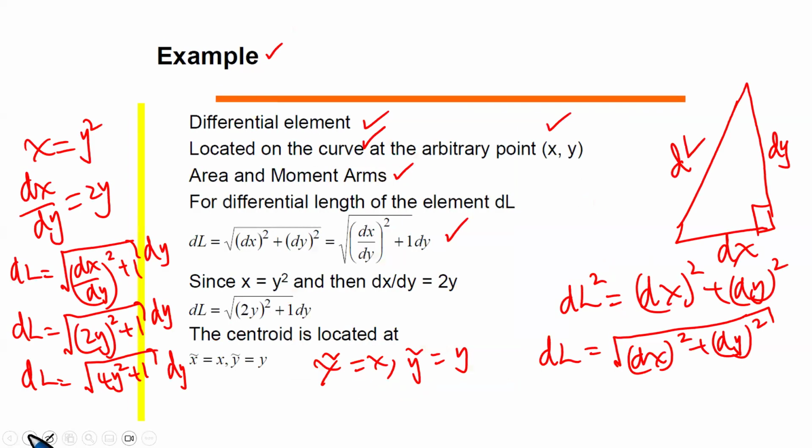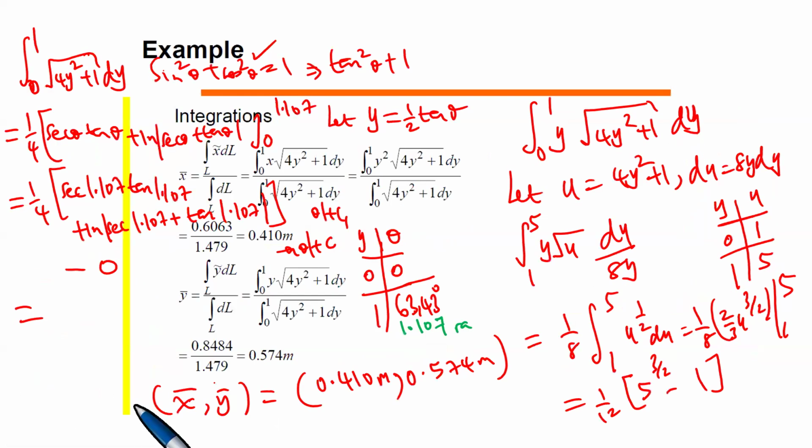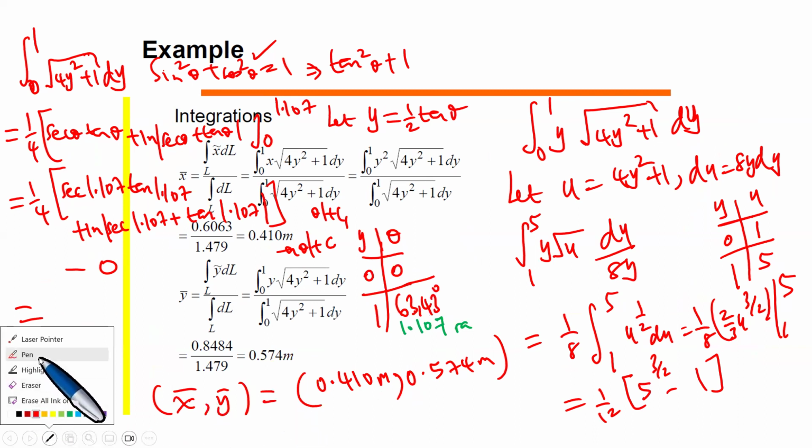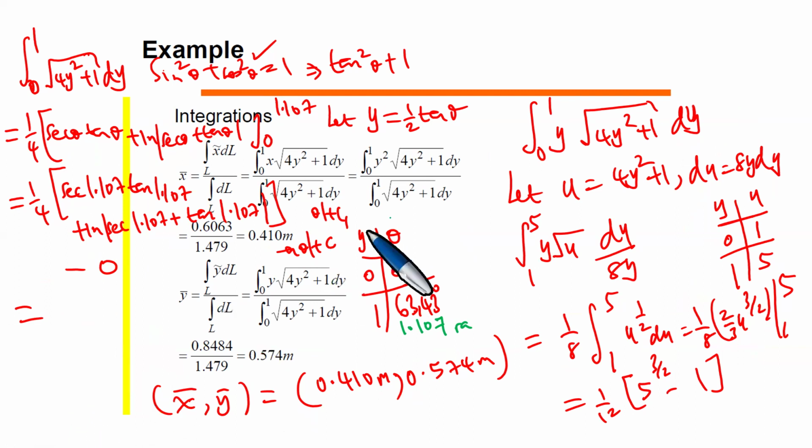But now I want to mention something here. I want to give you the homework. What is the homework? The homework is easy. There's nothing to do here because it's repetition, that the dL used Pythagoras theorem to get it. And the x tilde is x, y tilde is y. It's given in the question. Then your homework is to verify, because we verified together the bottom, so you must verify the top.